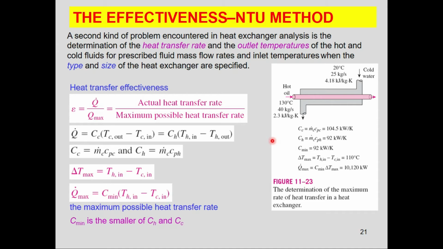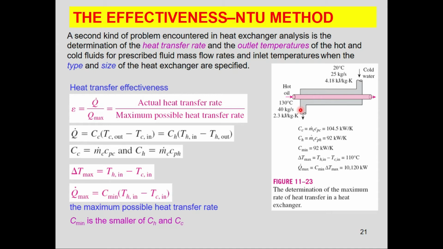So Q max would only be possible when we have the maximum value of delta T and the minimum value of C min, where C min is the minimum value of the heat capacity rate. When we have the heat exchanger, we have the values for the hot fluid stream and the inlet value of the cold fluid stream.